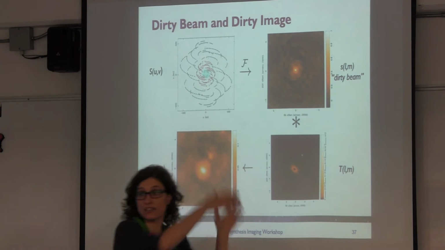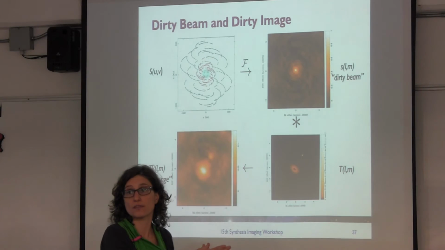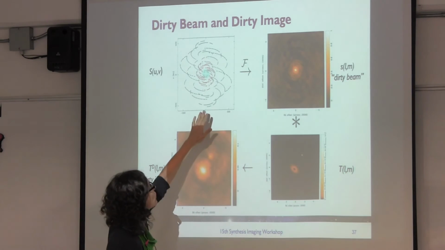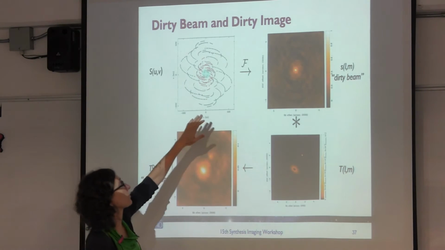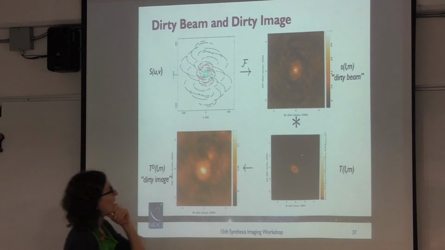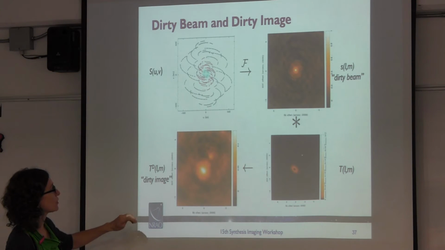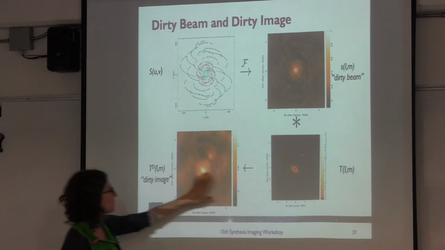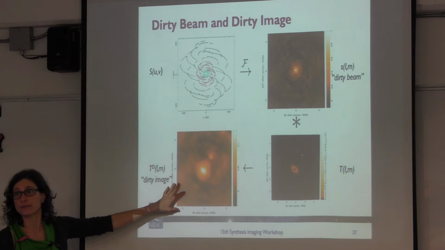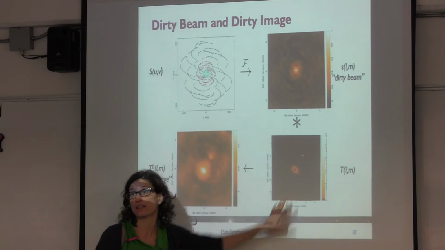You are just sensitive to one direction, perhaps. So you really want to have as good a coverage as possible. So that could be the convolution of the dirty beam with the true image. This is the dirty image that we get, and we would like to recover this.